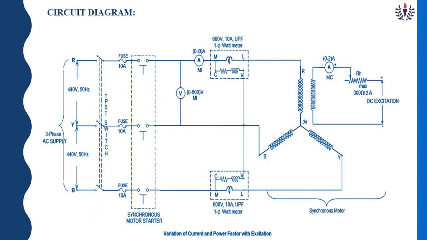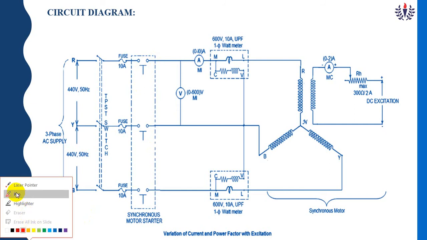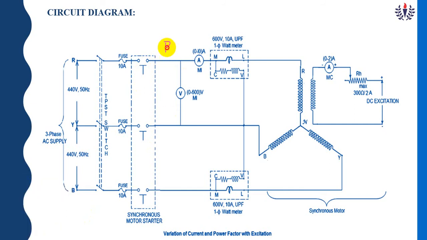Then again the terminals are R, Y, B. Now I can connect RYB to the synchronous motor. Before connecting the motor, I need to know what current is flowing, what the voltage between the phases is, and what power is consumed.